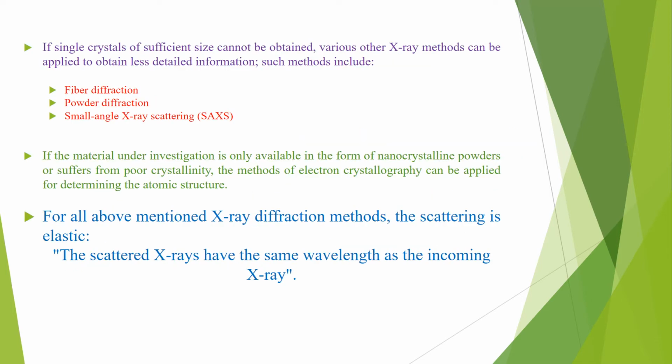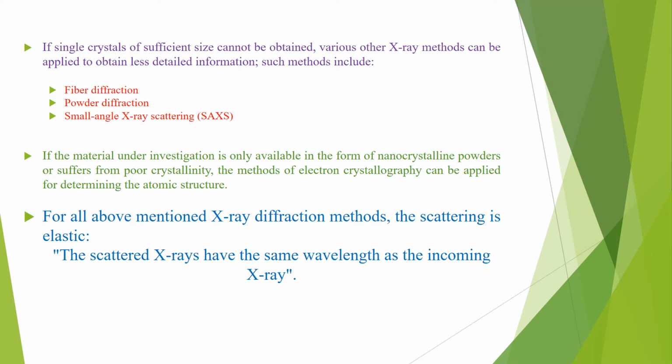And if a single crystal of sufficient size cannot be obtained, then various other X-ray methods can be applied to obtain less detailed information. Such methods include fiber diffraction, powder diffraction, and small angle X-ray scattering.